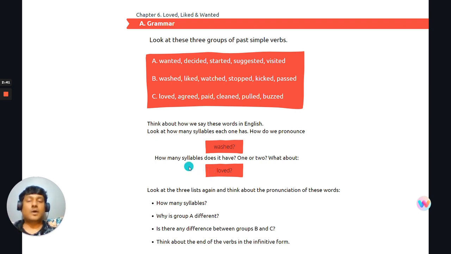Just 1. Okay, we are then prompted to look at the 3 lists again and think about pronunciation of each of these words. So once again, I'm going to read them out with you, and after that, I want you to write down how many syllables they each have, and I'm going to give you the answers, okay?